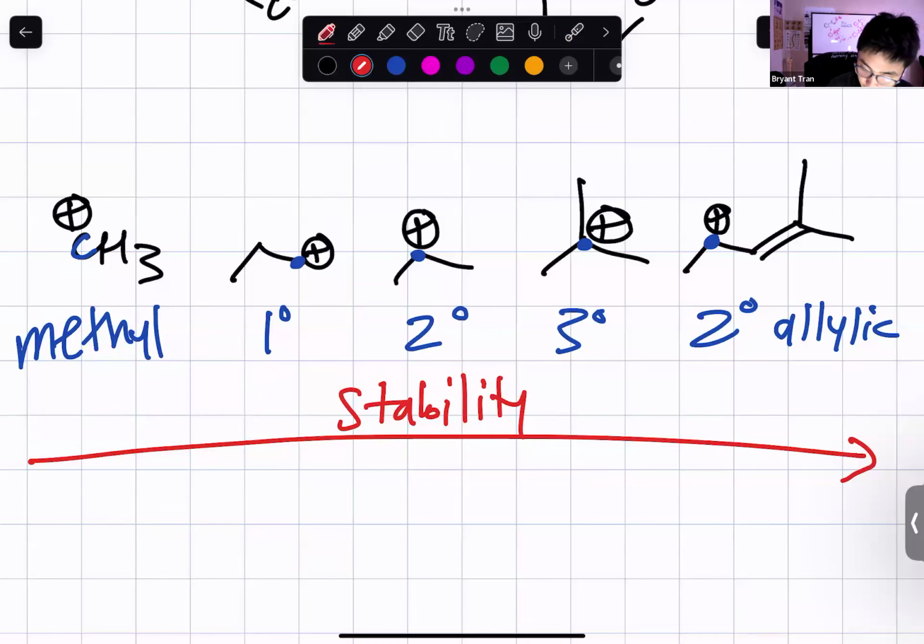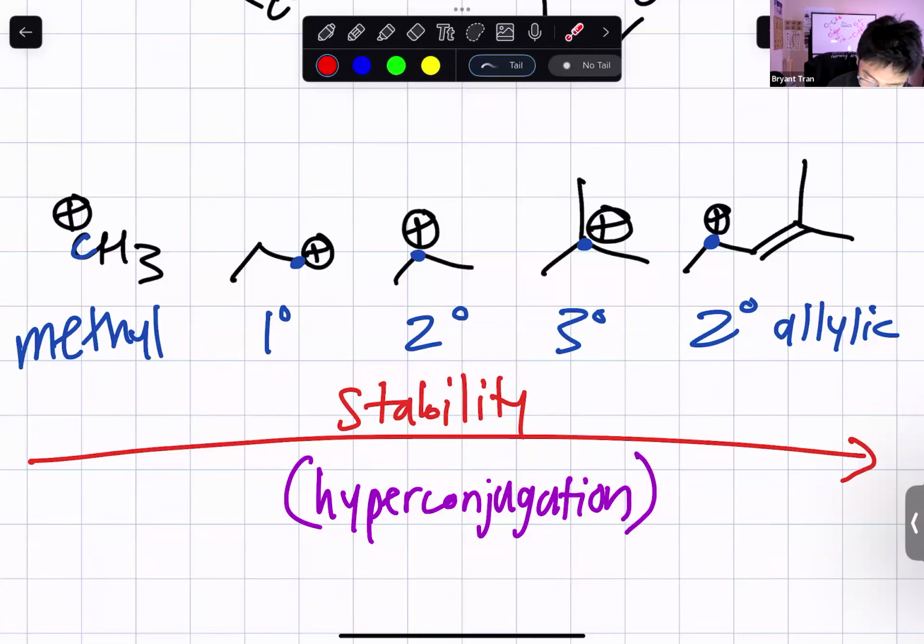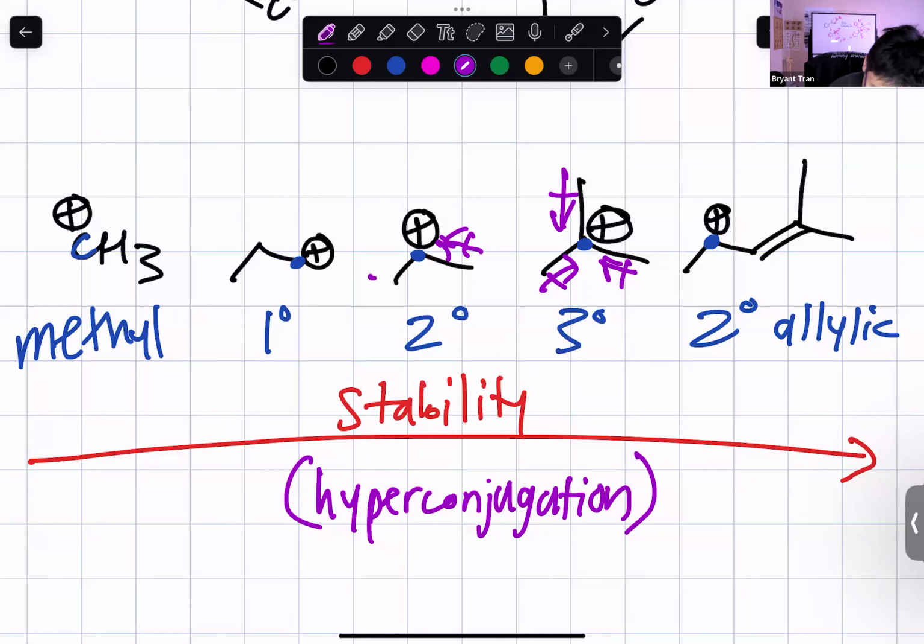If she asks you what factor determines this, the correct answer would be hyperconjugation. Hyperconjugation, right? Which means that these R groups here donate electrons inductively to the carbocation. They're donating electrons, making this carbocation stable, because opposite charges attract.